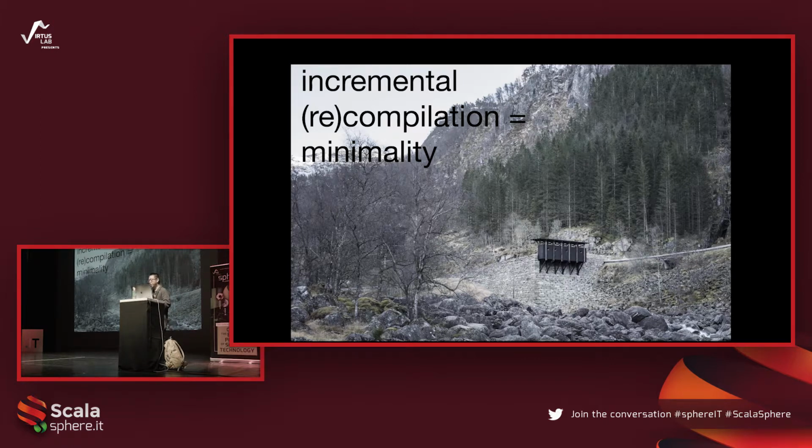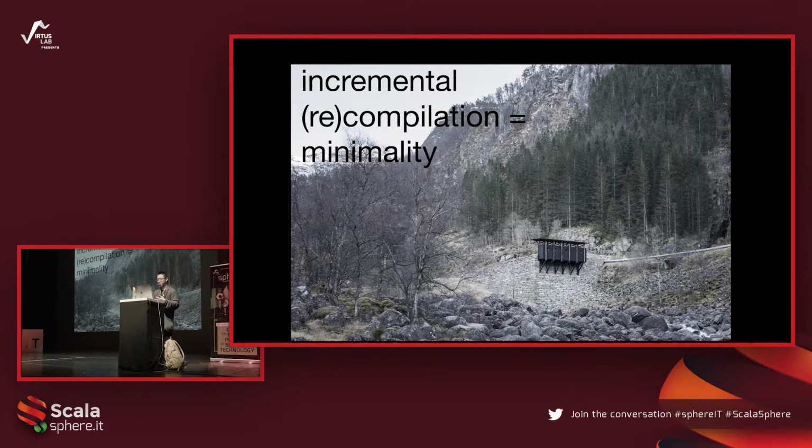There is a paper called Build Systems à la Carte that defines a build system to be minimal if it executes a task only once during the build, and only if its input has transitively changed.